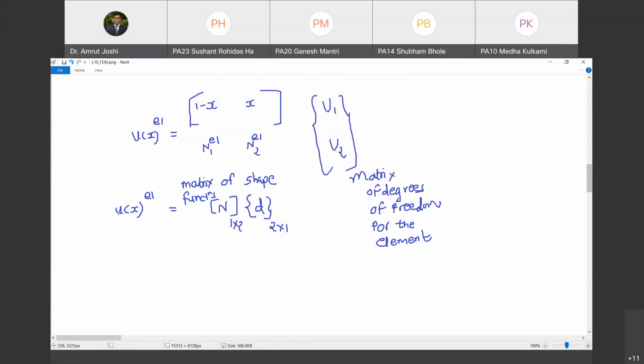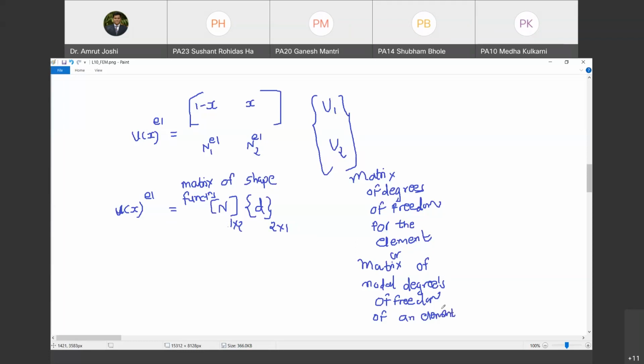But right now I can write the displacement field u as a function of the matrix of degrees of freedom, also called the matrix of nodal degrees of freedom of an element.